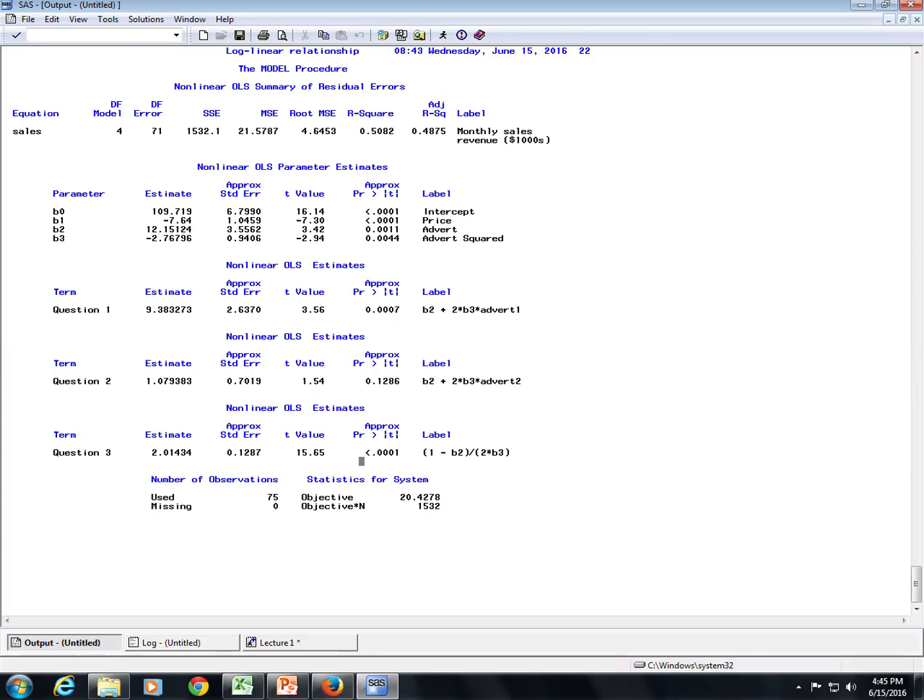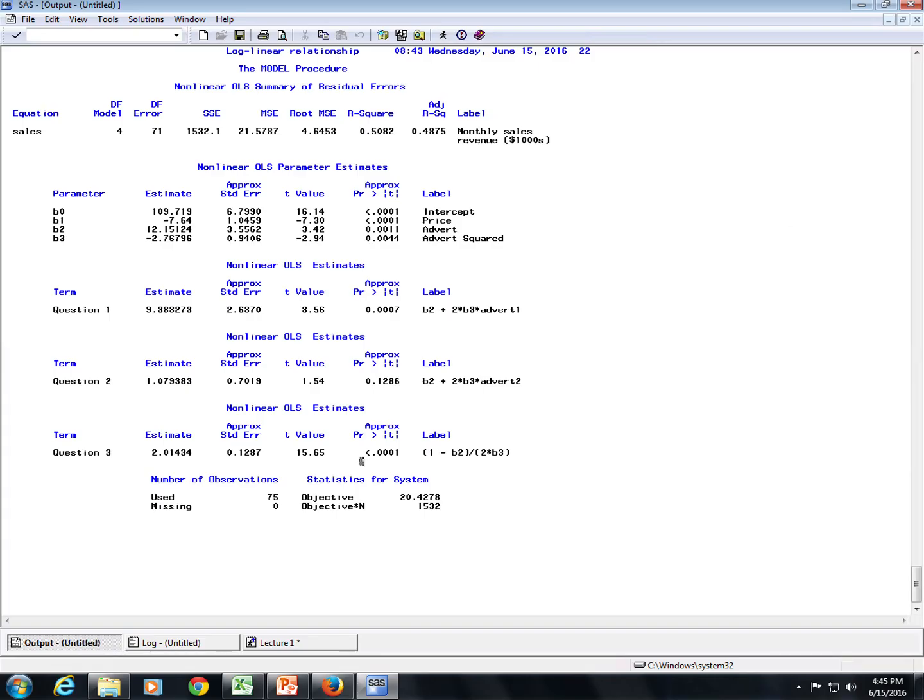2.01434 is the value of x. It's the value of advertising such that the marginal effect is exactly equal to 1. That is, if we were to pay any more advertising beyond that, our net gain is going to be less than the money we're putting into it.